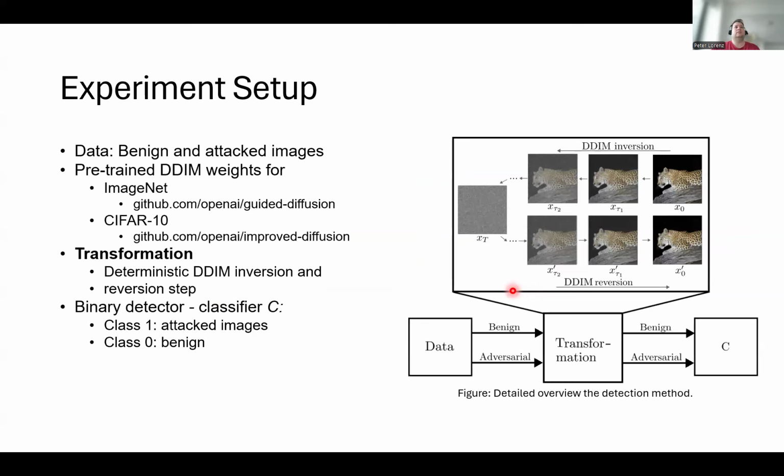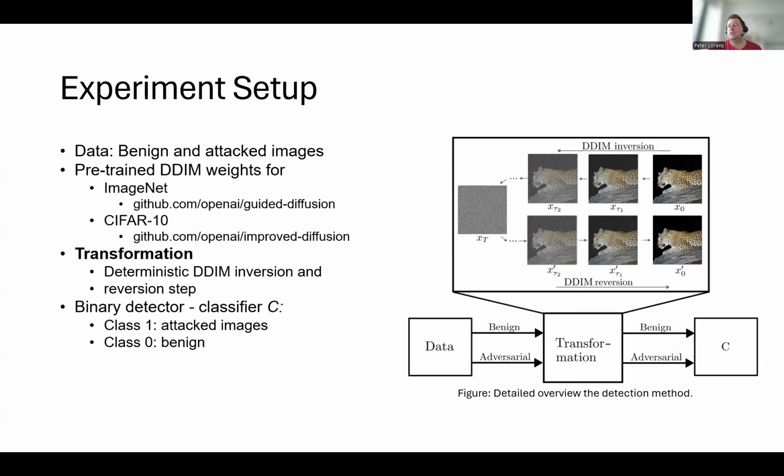So to the experiment setup, we have the benign and attacked images, the adversarial examples. Then we have the pre-trained DDIM weights for ImageNet and CIFAR-10, which we downloaded from OpenAI GitHub repositories and just use. For the transformation, we use the DDIM inversion and reversion steps.